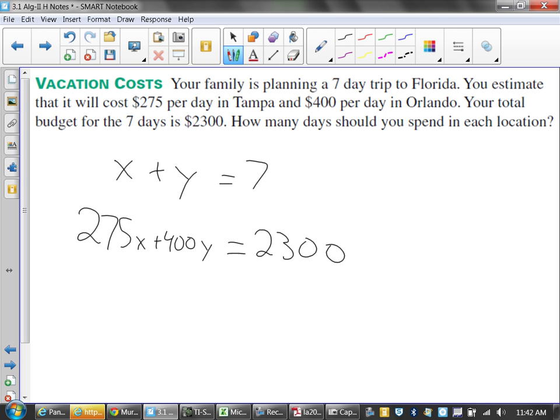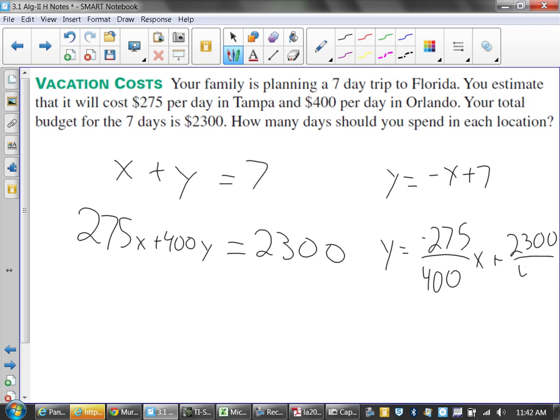So now you have a system of equations. Use your calculator to solve it. Y is negative X plus 7, and Y is negative 275 over 400 X plus 2,300 over 400.